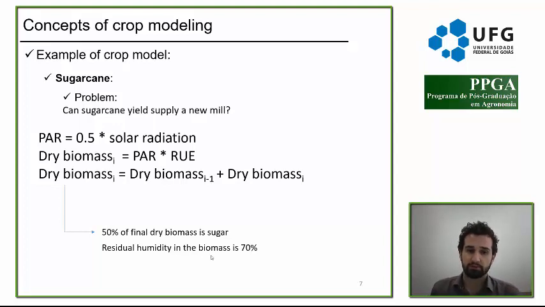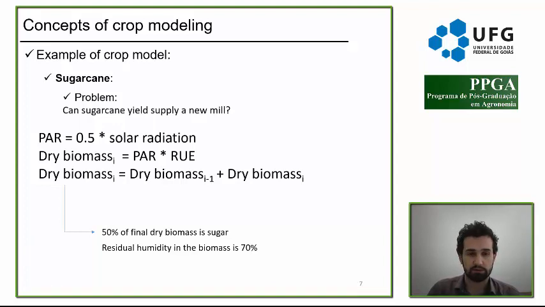So you can see here that using a very simple model, you can estimate the biomass that sugarcane produces, but you can see also that you have a lot of simple information that in some cases, when I need more details about the simulation, I can create an error in my simulation, and we are discussing this in the next slide. Okay.